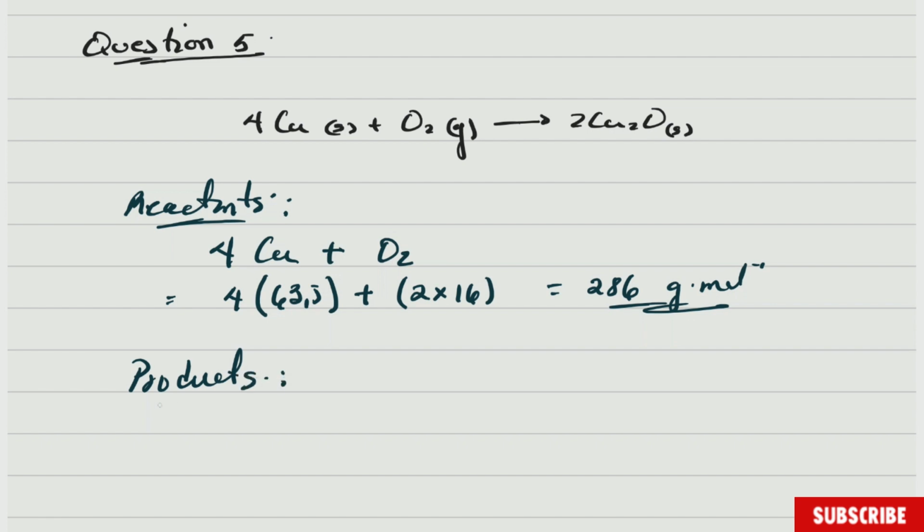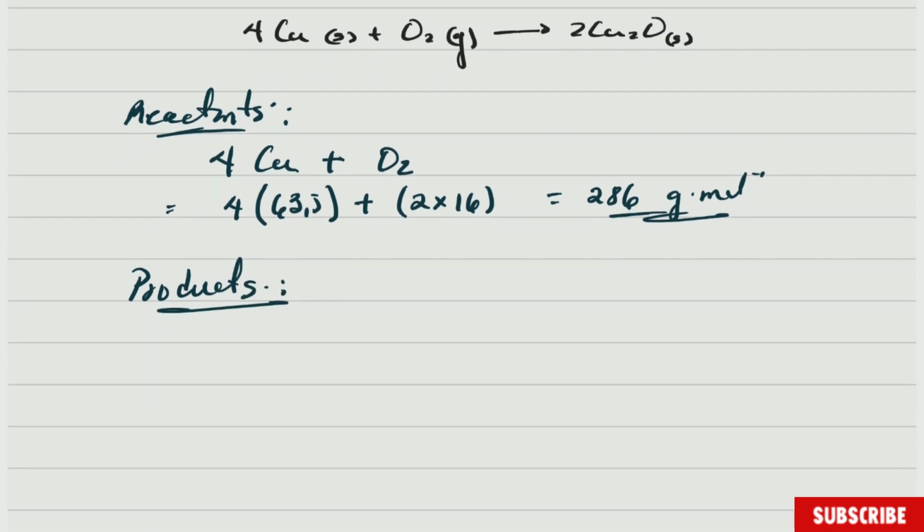Now we're going to do the same for the product. What do we have in the product? We have 2Cu2O, and we have to substitute everything here. So it's a 2, and be careful, this is math. I'm going to open a big bracket and say copper, which is 2 coppers, is 2 times 63,5 plus 1 oxygen, which is 16.